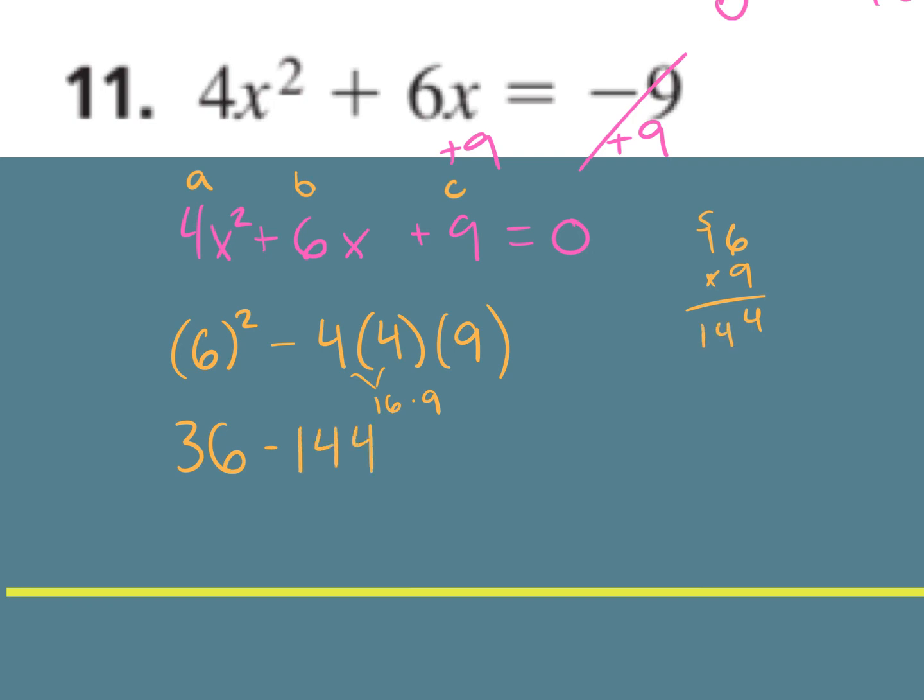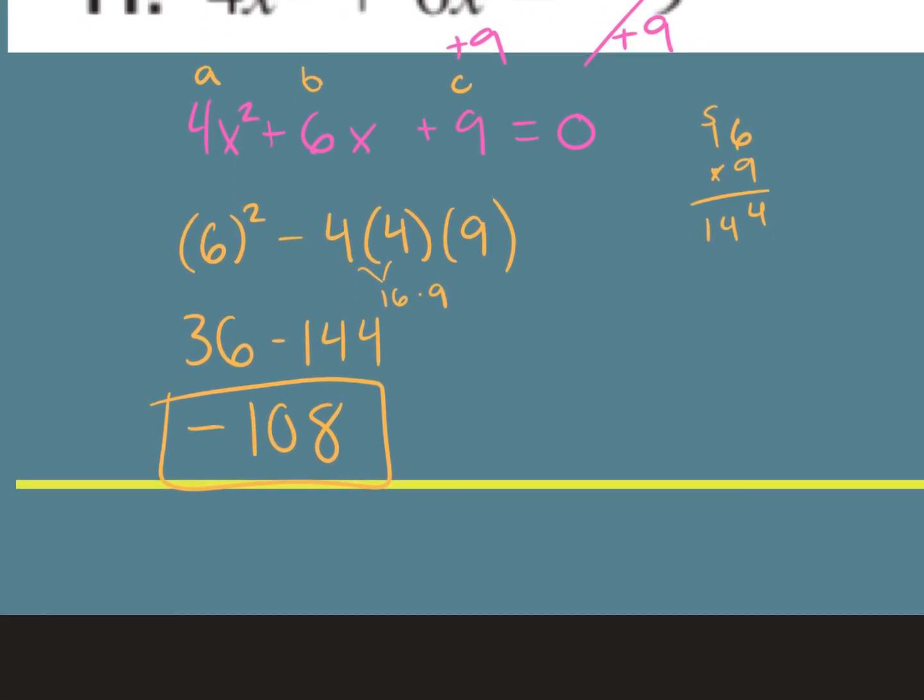Perfect. And then what's 36 minus 144? Negative 108. So my discriminant is negative 108. If it's negative, what does that tell me about the number and type of solutions that I have? 2 imaginary.